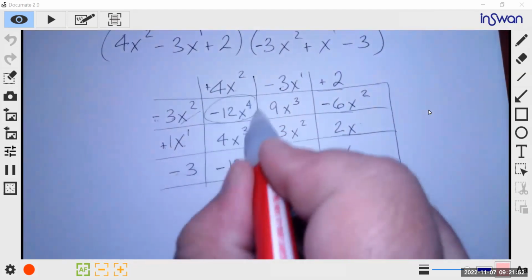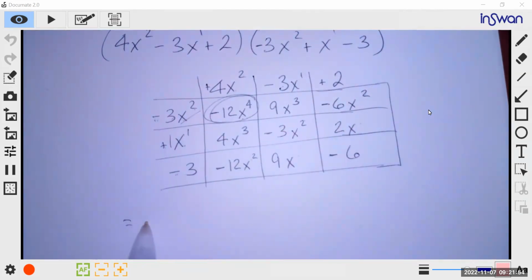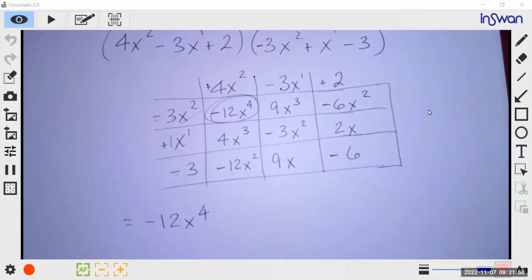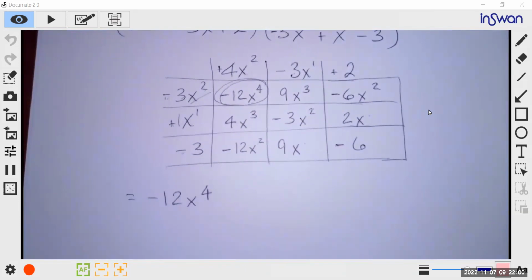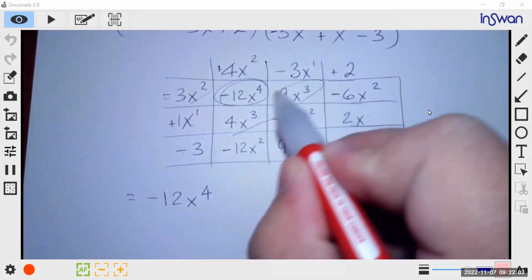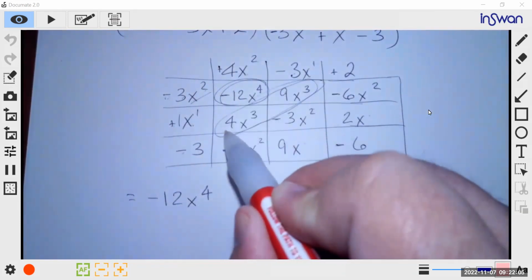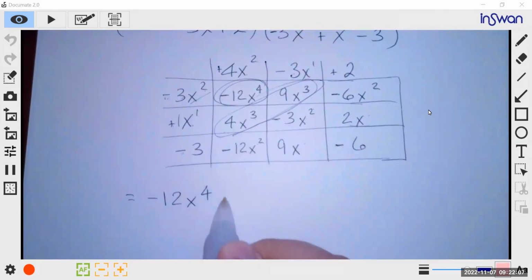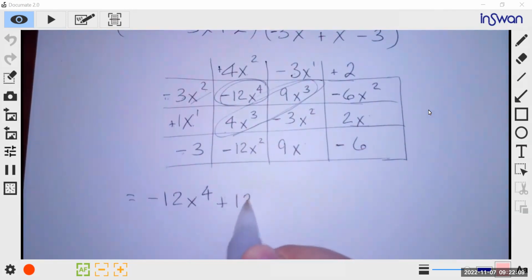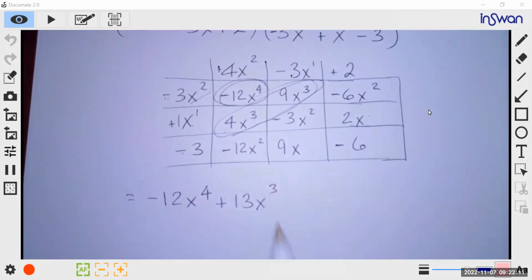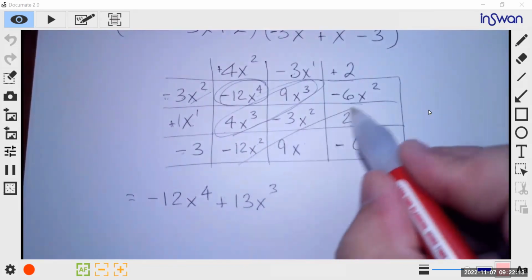Again, the first term is itself, so it's negative 12x to the fourth. Add the cubes. So 9 plus 4, they're both positive, it's 13x cubed. Look at all the squares.